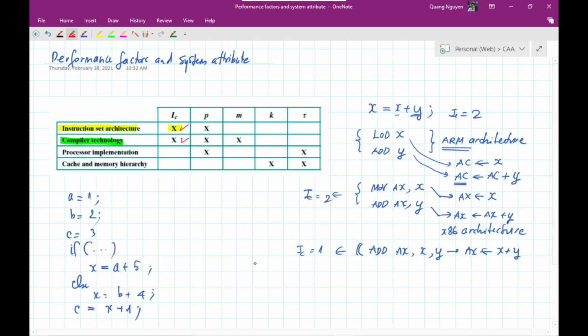As we already explained recently, X always equals 6, so C always equals 7. With the data flow analysis, the compiler translates these instructions into only the machine code here, right? And apparently the number of instructions here will be reduced drastically.